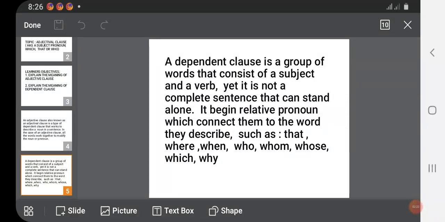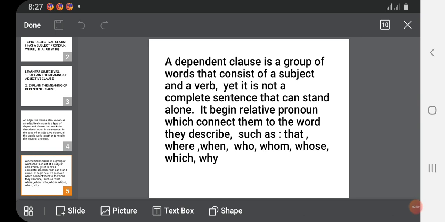So, a dependent clause is a group of words that consists of what? It consists of a subject and a verb. Yet, it is not a complete sentence. It cannot stand on its own. Your subject is the what?